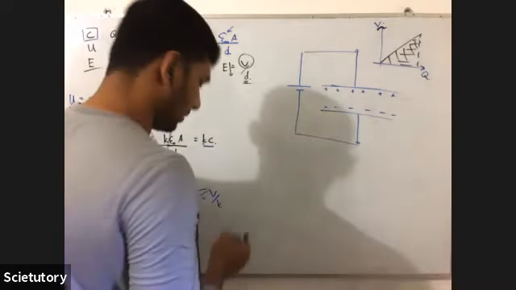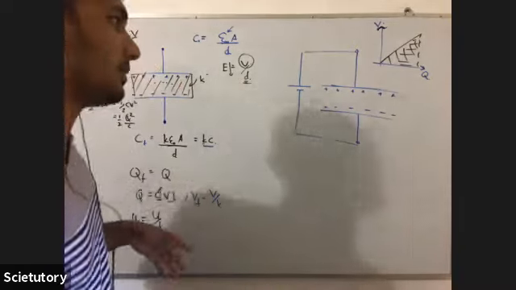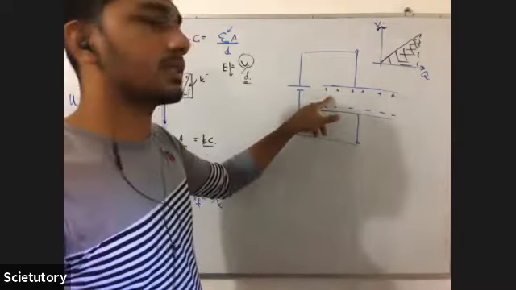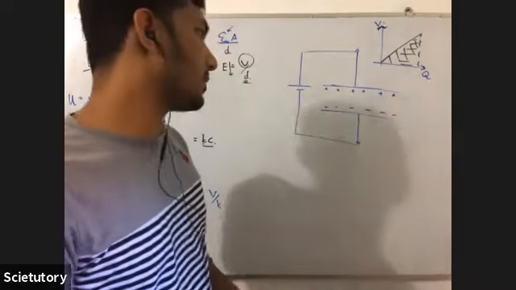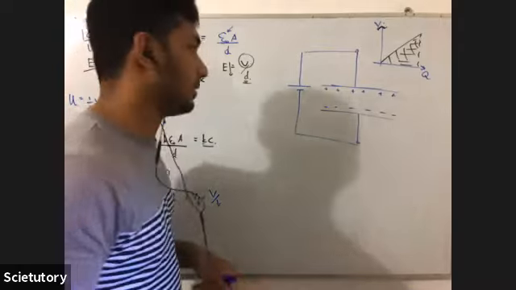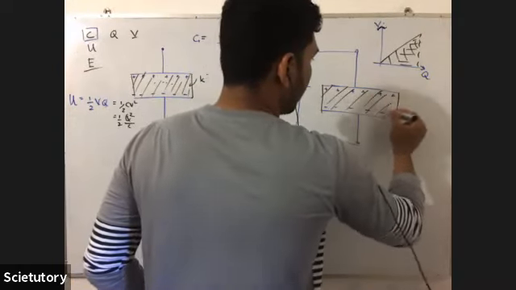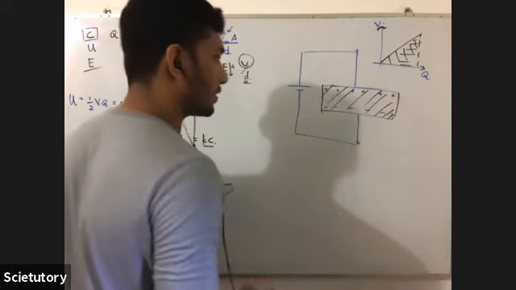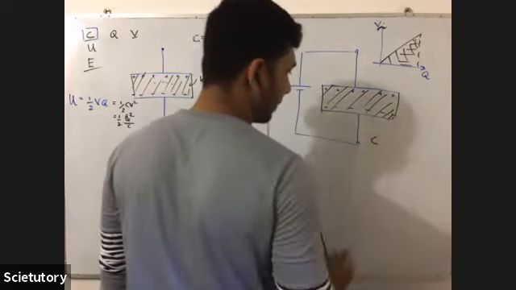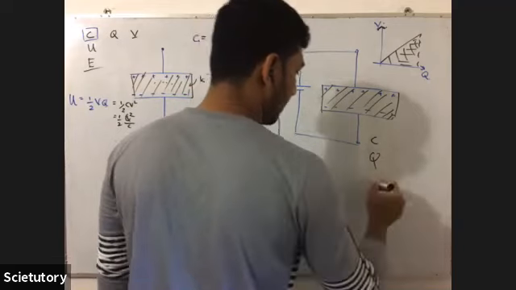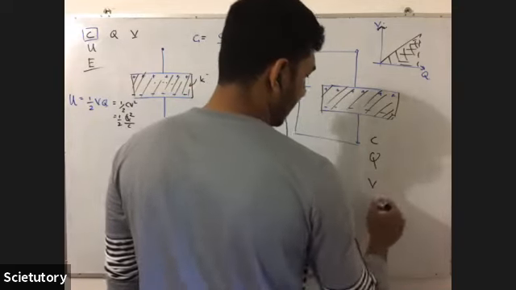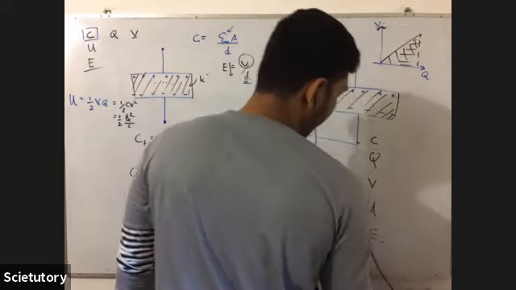Now answer this question. In this question, the capacitor remains connected to the voltage source, and now it is completely filled with a dielectric substance. So what's going to happen to C? What's going to happen to Q? What's going to happen to V? What about U and E?